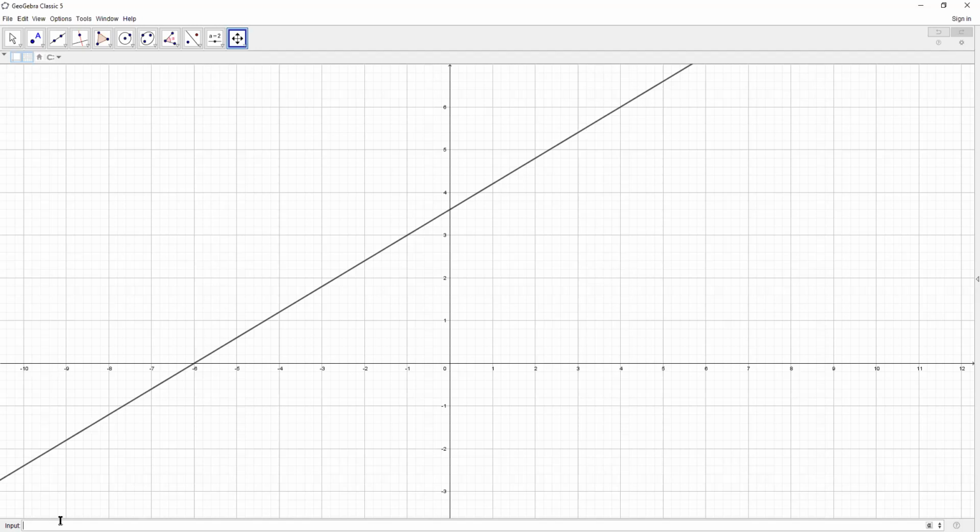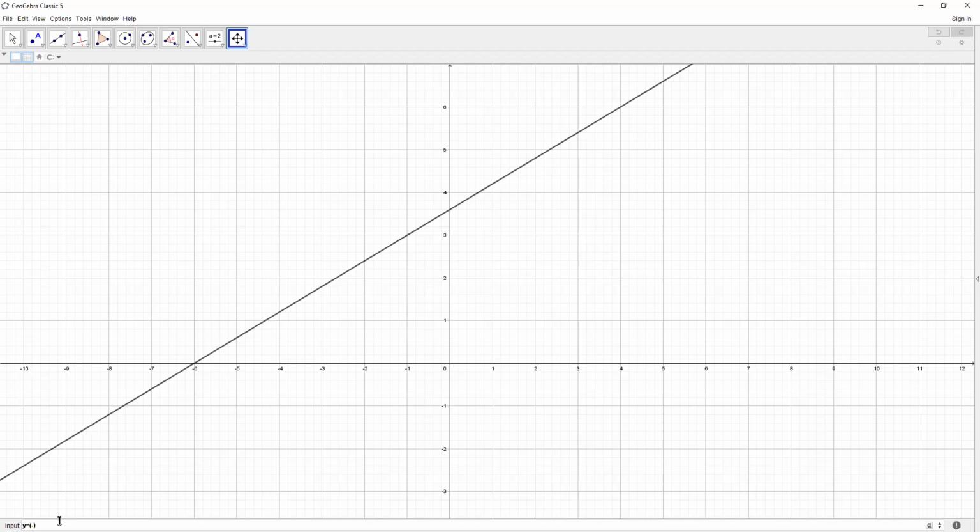So if I go down here into the input area, I'm going to put in y equals, we got -5/3. Keep in mind that whenever you're putting a fraction in something like this, you want to use parentheses around the fraction so there's no confusion.